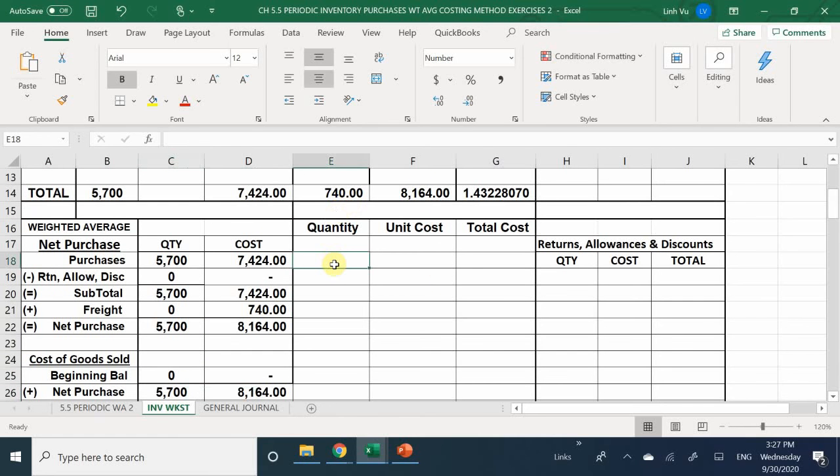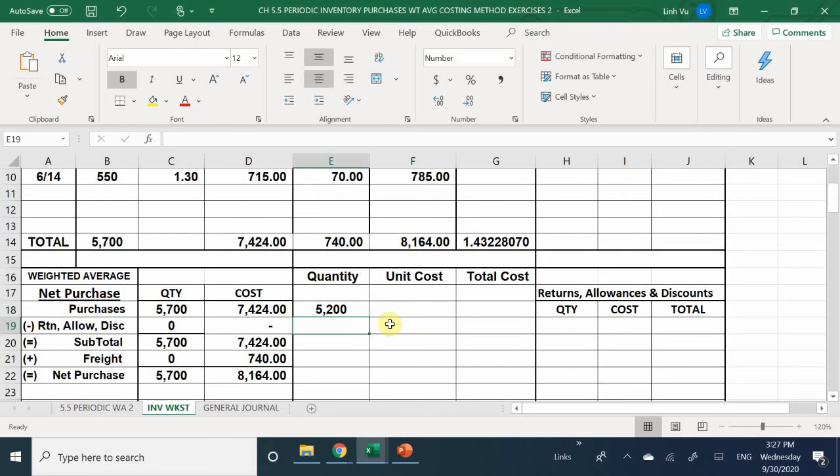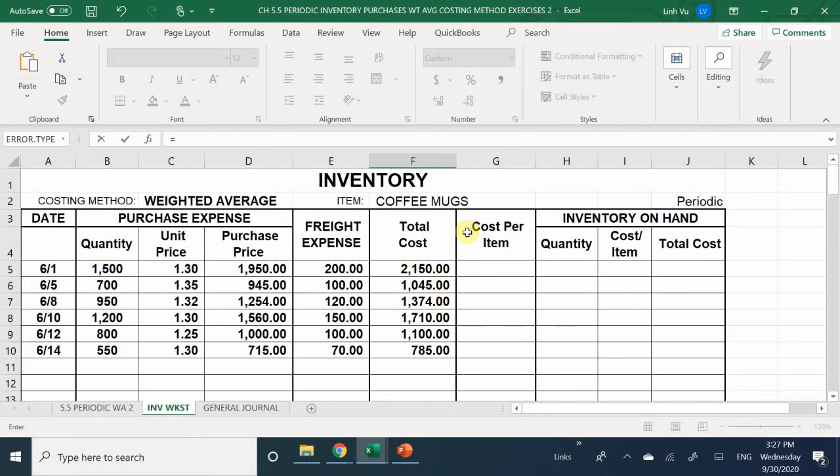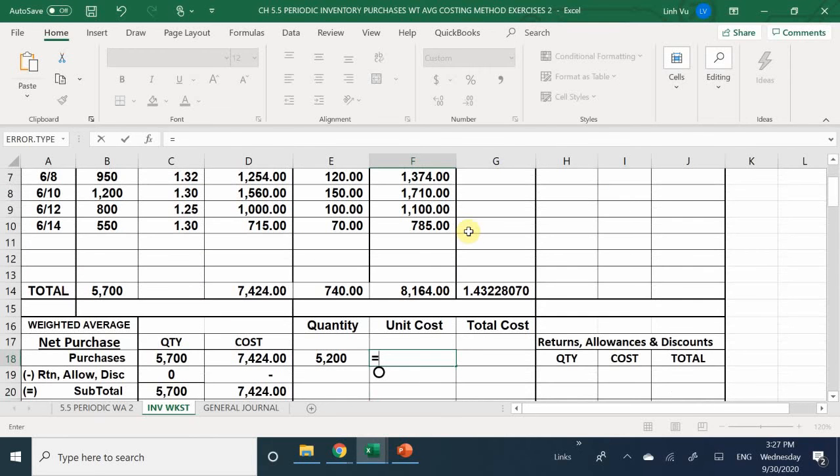We know that we need to sell a total of 5,200. And how much is it going to cost me to sell one item? This is weighted average, remember. So we calculated an average cost per item.